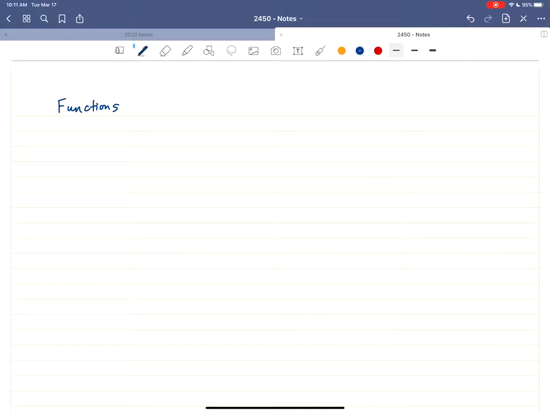And what I want to do is zoom in and look at exactly what a function is doing.